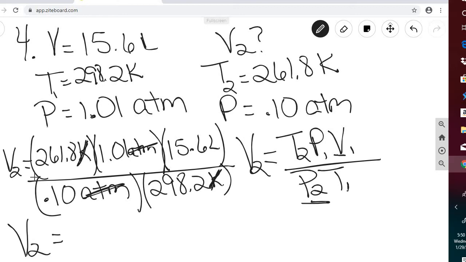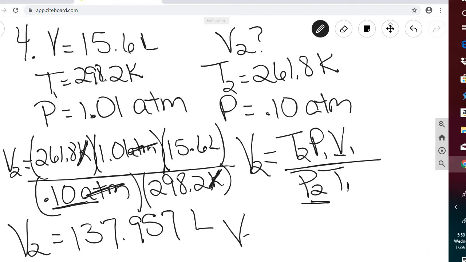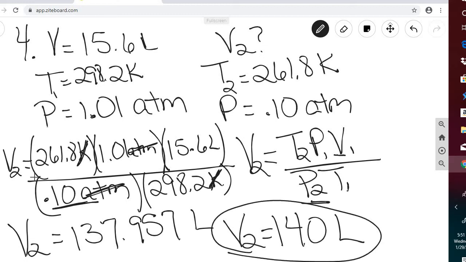So V2 will equal 137.957 liters. However, this limits us to just two significant figures. So we would have to say that V2 is equal to 140 liters. That's our final answer.